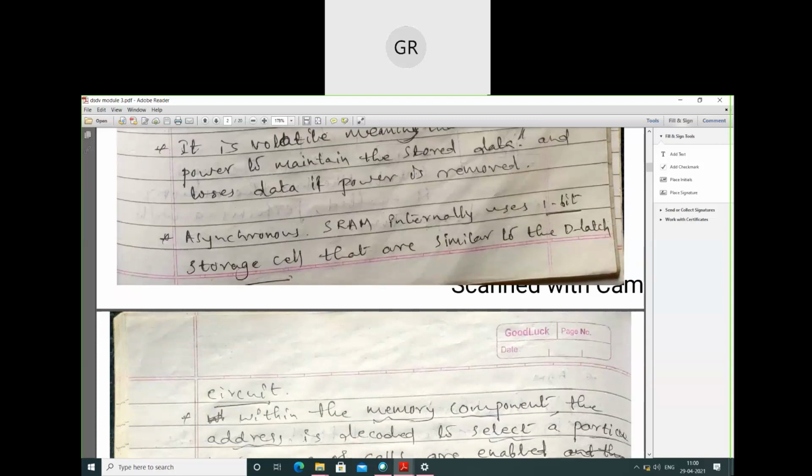Asynchronous SRAM internally uses 1-bit storage cells that are similar to the D latch.